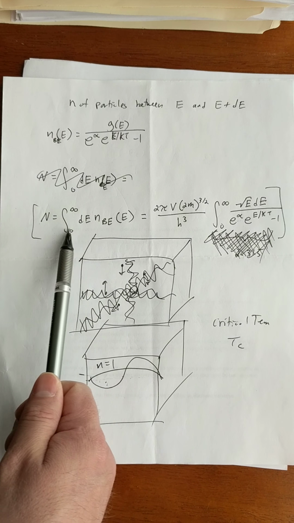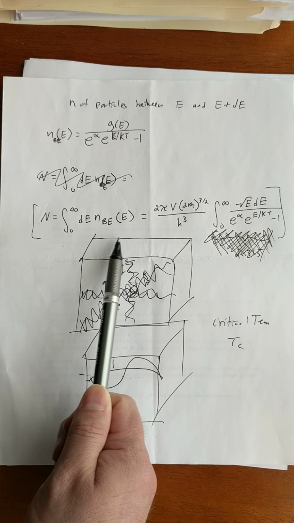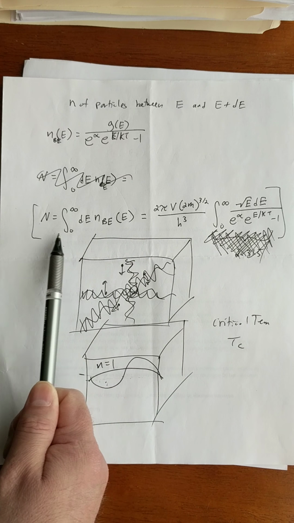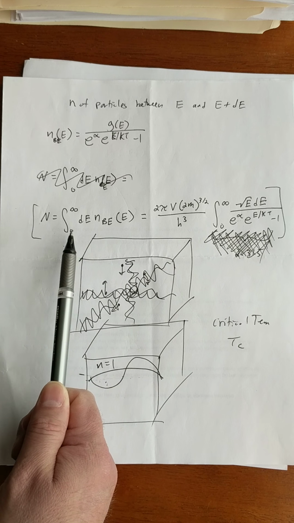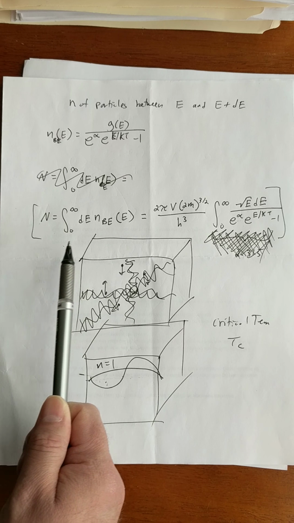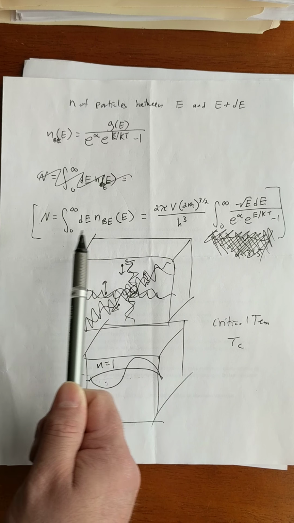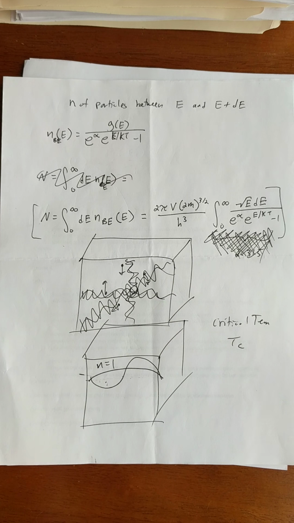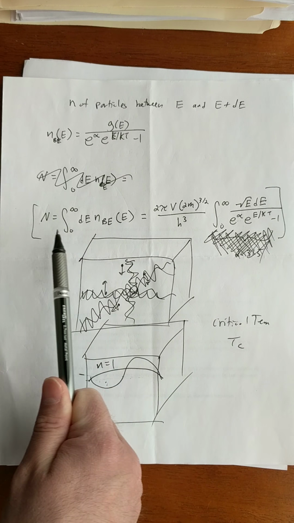So our continuous way of finding this integral is going to break because it's not really an integral anymore. It becomes something discrete. So where we're going to see a phase transition, a difference between the classical physics of a gas and the quantum physics of what we're going to call a Bose-Einstein condensate, will be when this integral breaks.